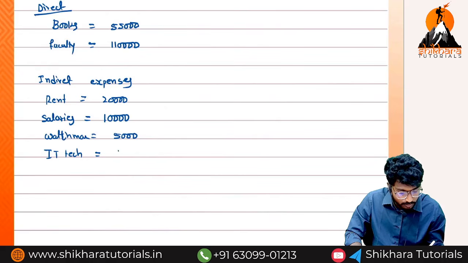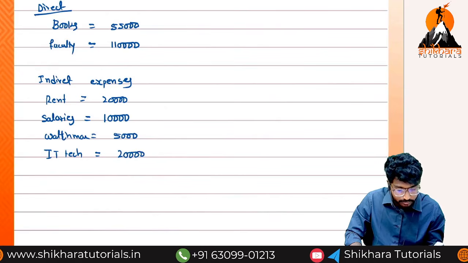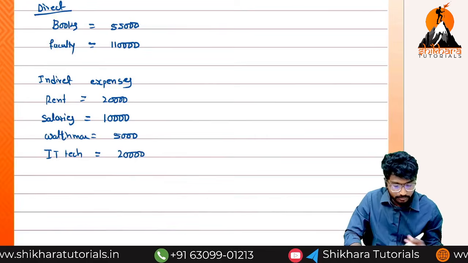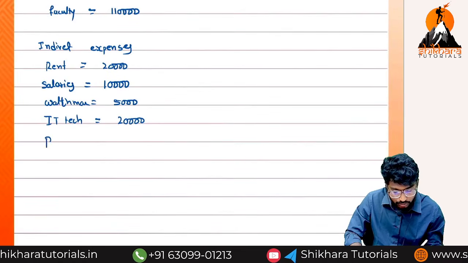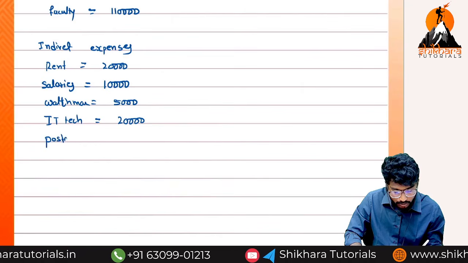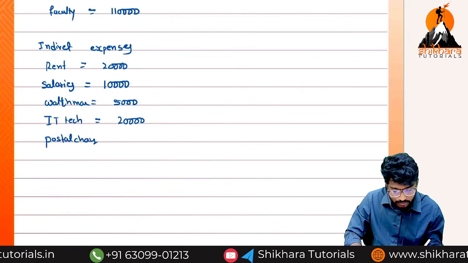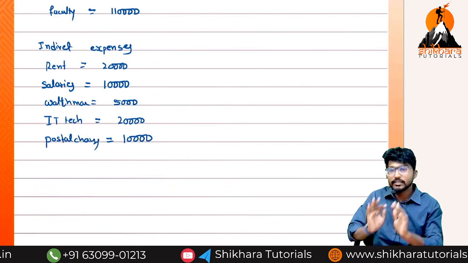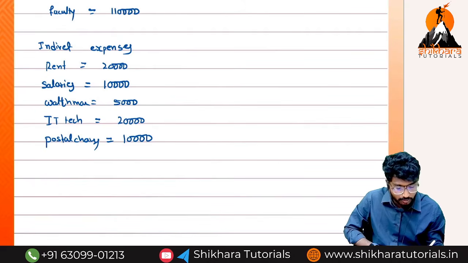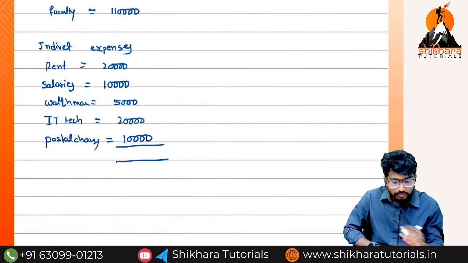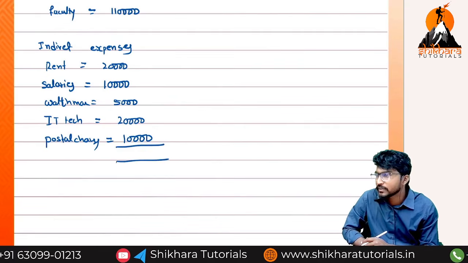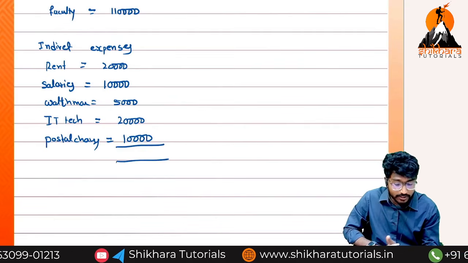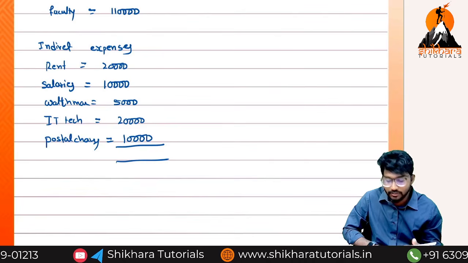For this, we incurred 20,000. Next, postal charges, 10,000. These are the indirect expenses we have. Now tell me, what is the total indirect expenses? 20,000 plus 10,000, 30, 35, 55, 65.